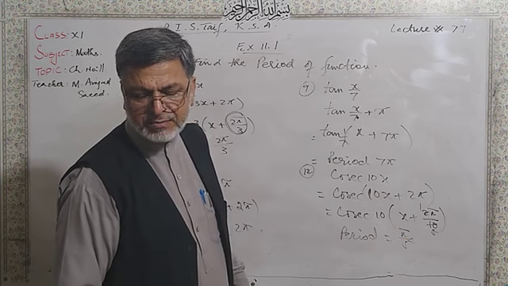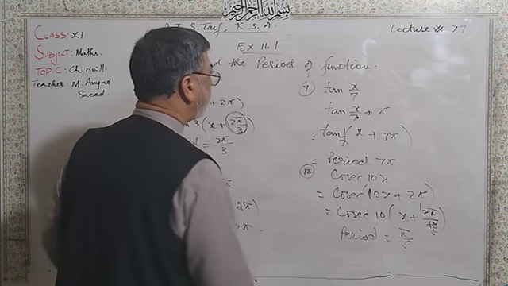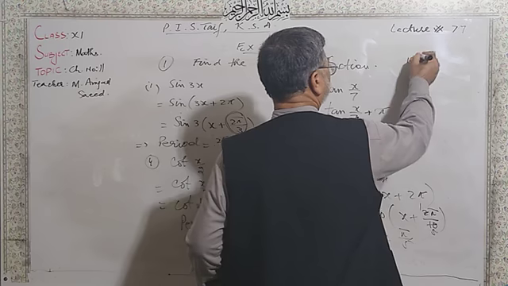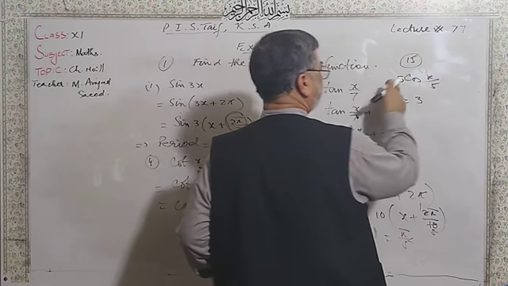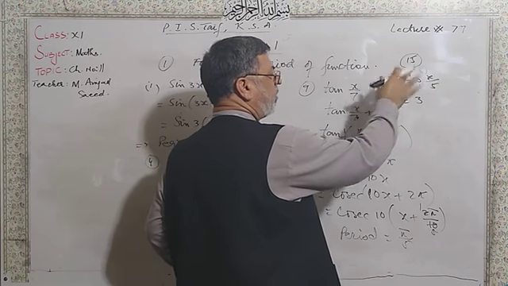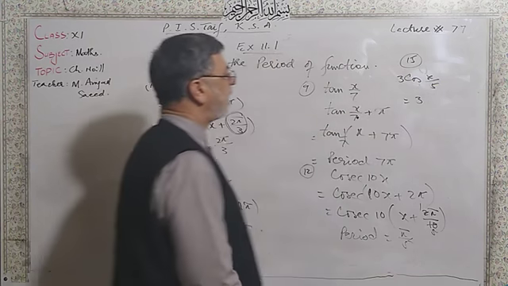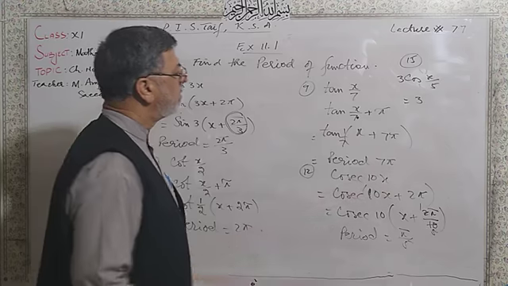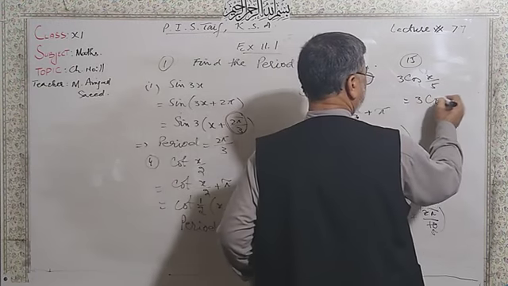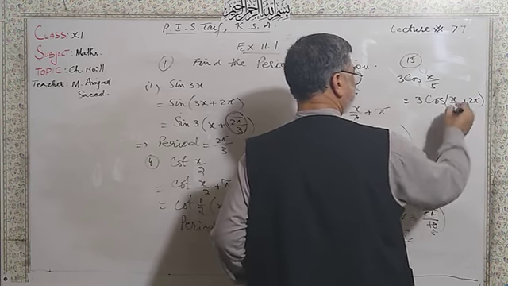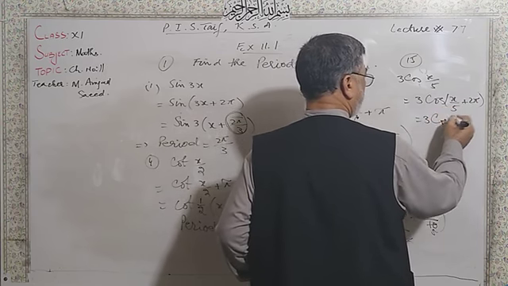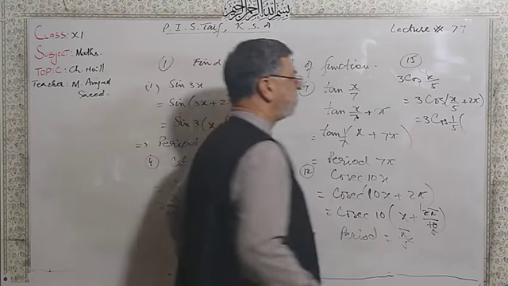Then question number 15. 3 cos x over 5. 3 is outside the function. No difference at all. It has no effect in the angle. 3 remains as it is. X over 5 and its period is 2 pi. 3 cos, 1 over 5 common.